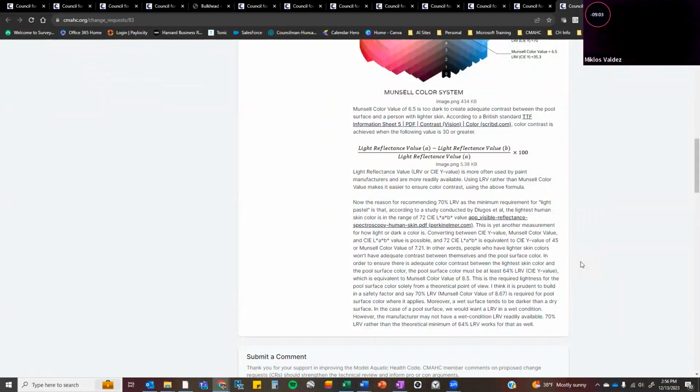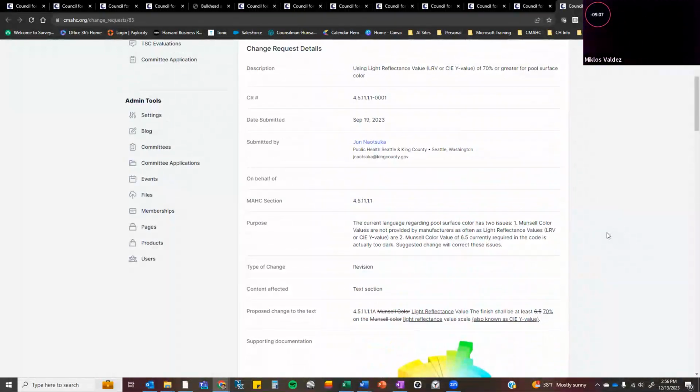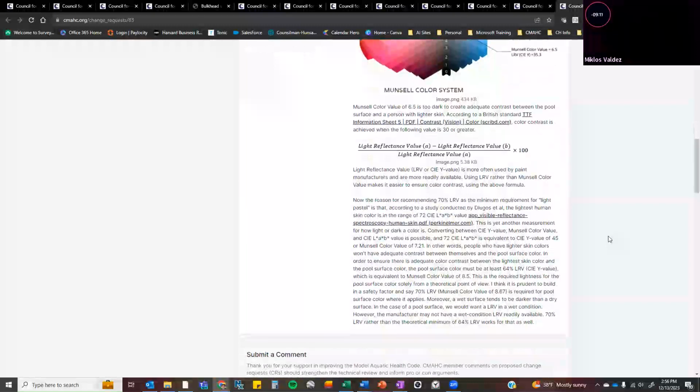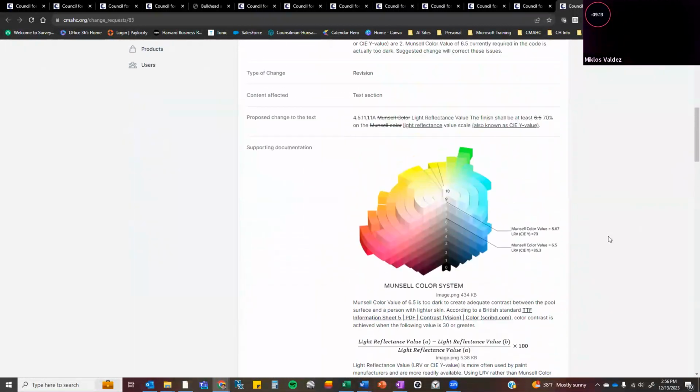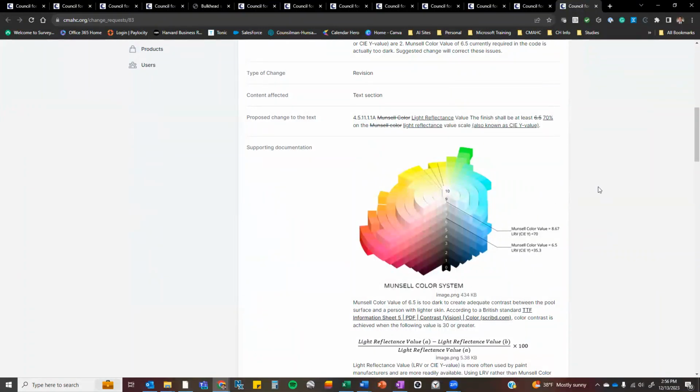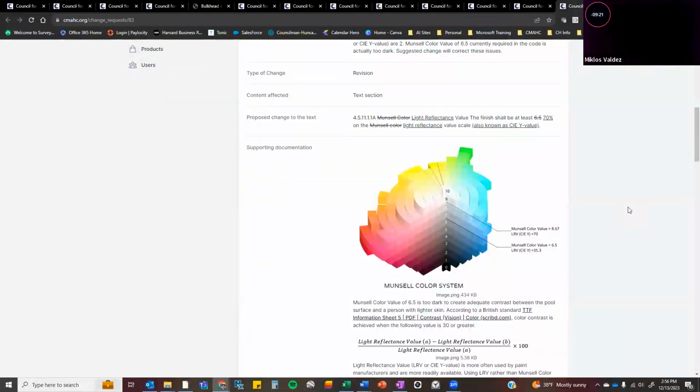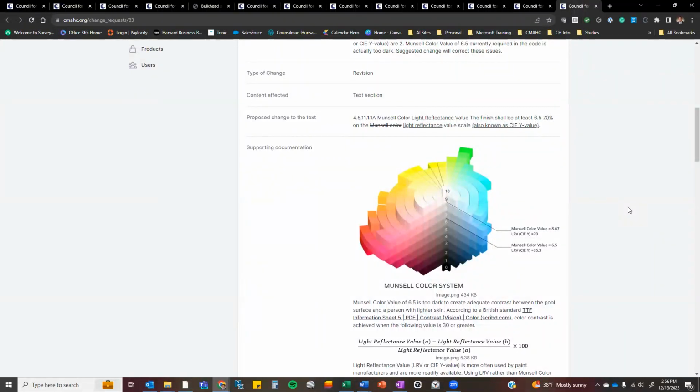And it says, I think. So it sounds like this is in the opinion of the submitter, not based on data. The values are based on data, but the analysis is based on the submitter's opinion. Yes, that's kind of the feeling I'm getting as well.